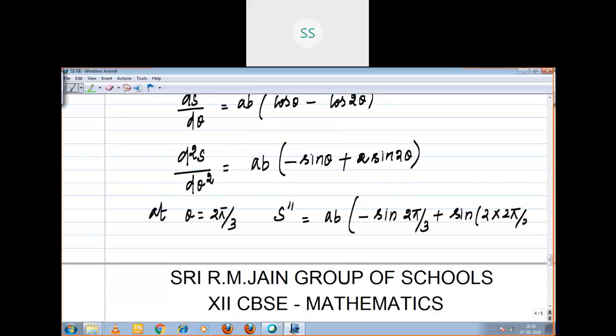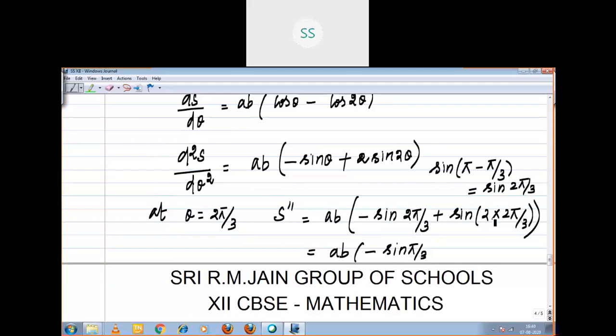Sine 2 pi by 3 is nothing but sine of pi minus pi by 3, which can be written as sine pi by 3, since sine 180 minus theta equals sine theta.